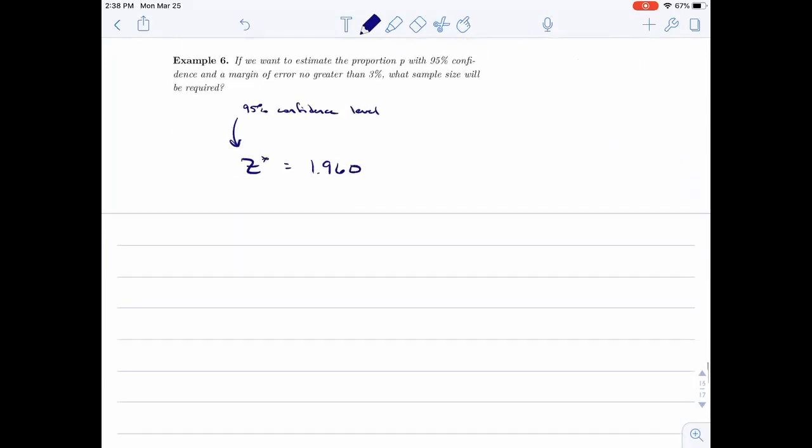M is 3%, so our margin of error is 3%. But remember, we can't use the percentages, so we have to convert it to a decimal, and so this is 0.03.